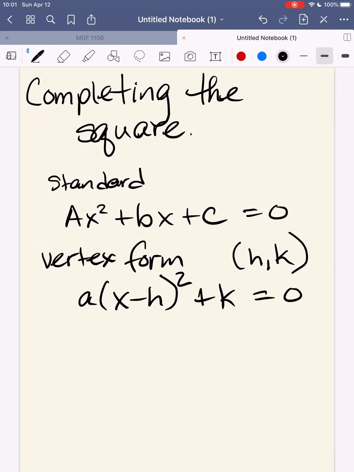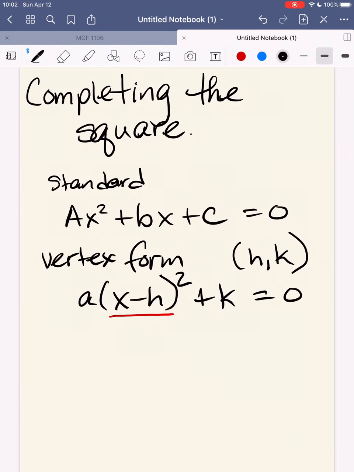If we haven't graphed it yet, don't worry, we'll do that later. The whole thing is you want this (x minus h) squared piece to appear. That's what we're looking for when we're completing the square, so we want to get it in this format so we can solve it.